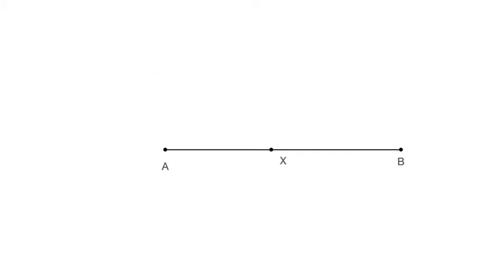Now let's go back to our line segment AXB, and let's draw another line segment through X, but this time let's say that the new line segment does not bisect AXB.